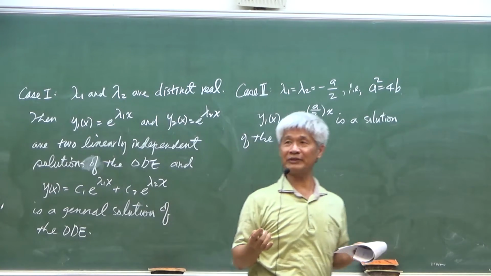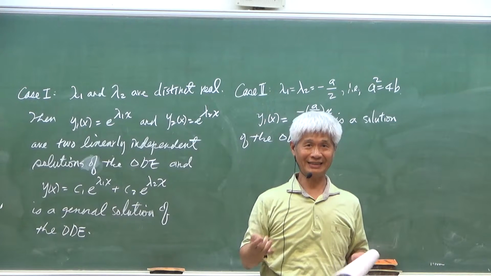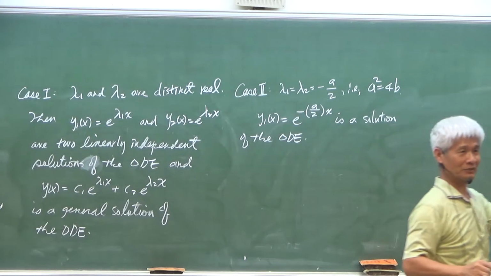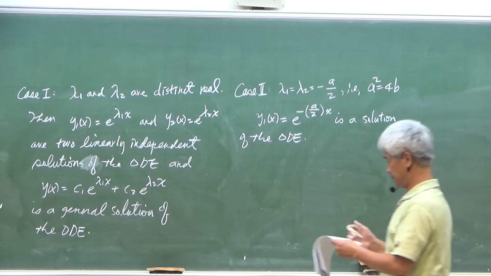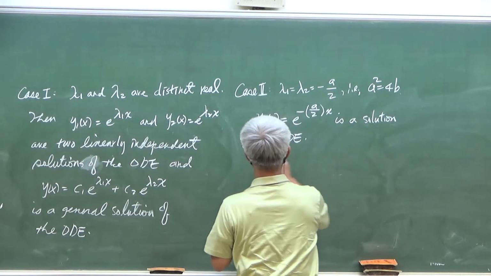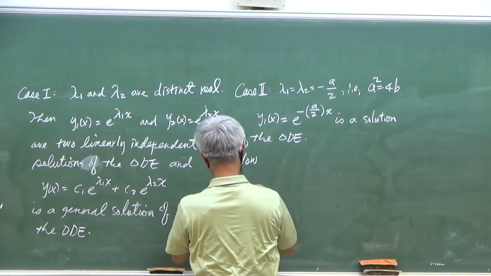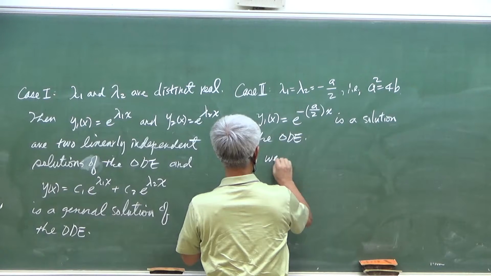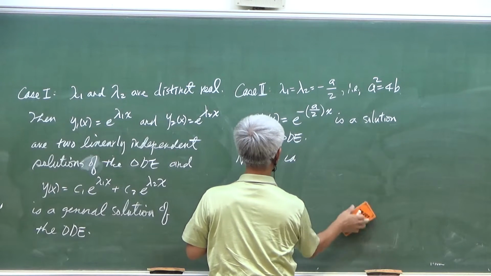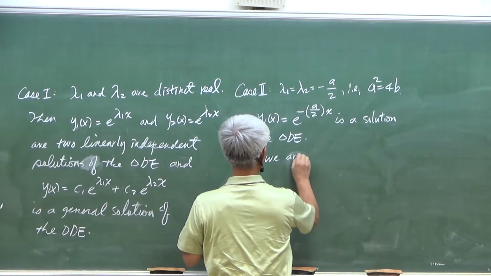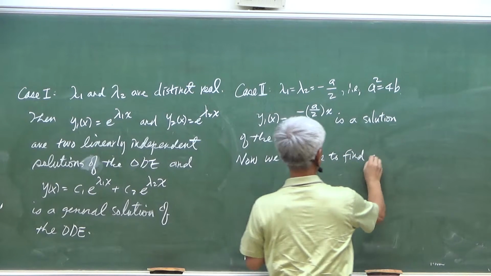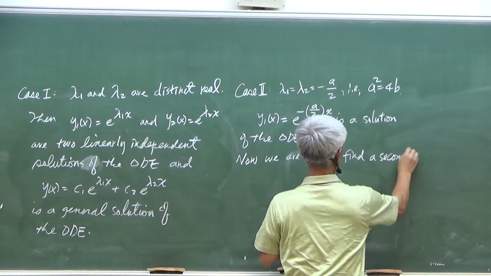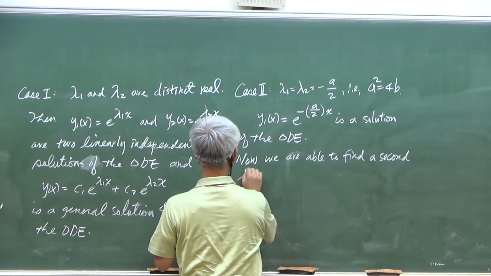But we have the method of reduction of order. Once we find one, we can find the other one. We just learned the technique.